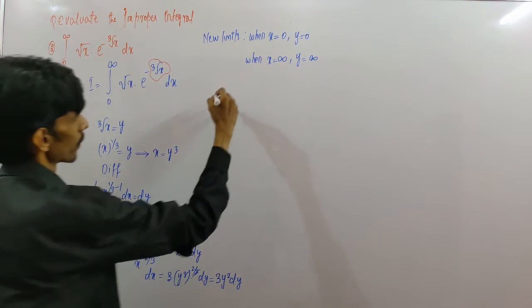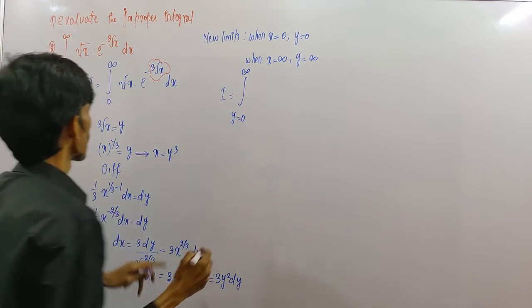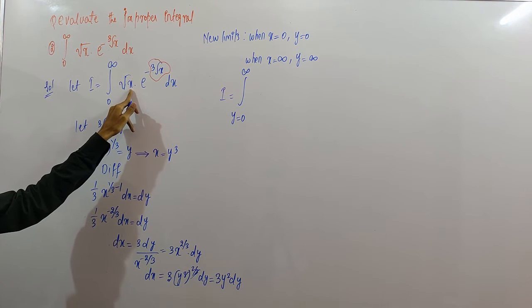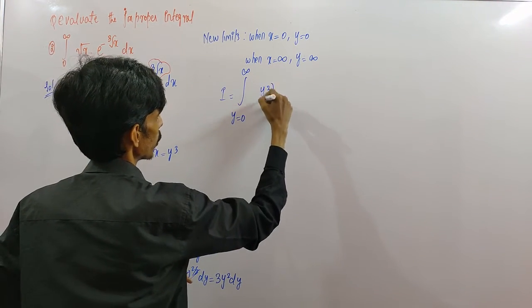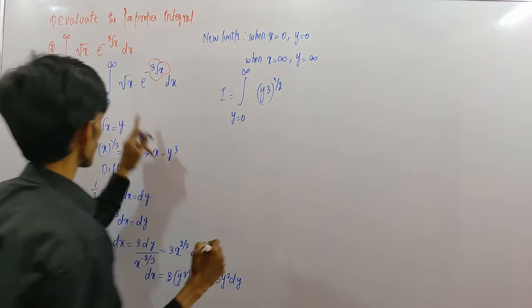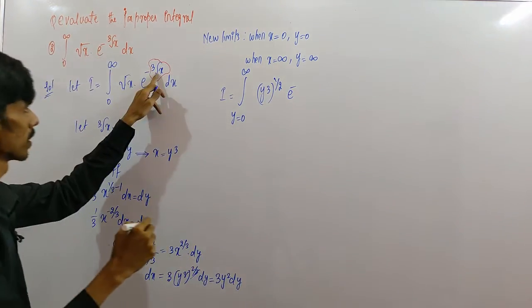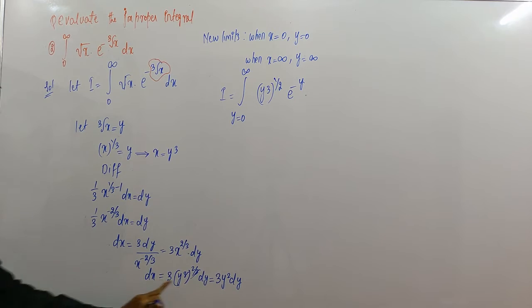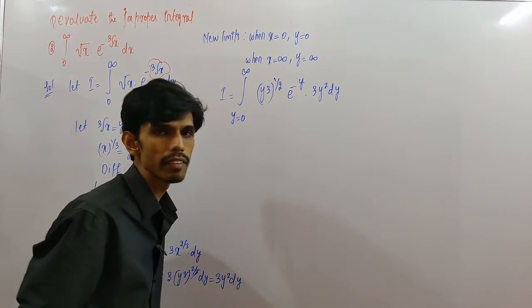Now this integral I is equal to, defined for y from 0 to infinity, we have root x, that is x power of 1 by 2, where x value is y cube, so y cube whole power 1 by 2. Now we have e power minus y, and dx here, dx value is 3y square dy.